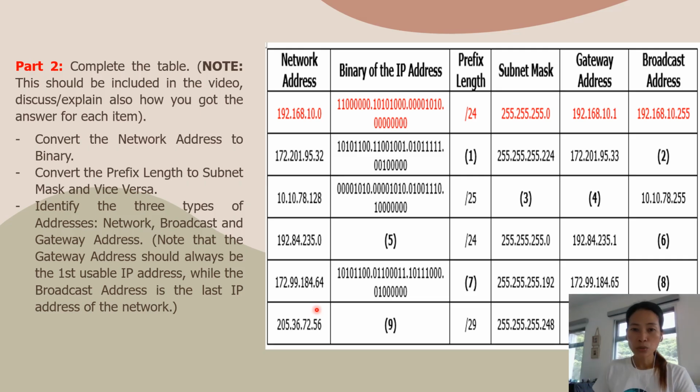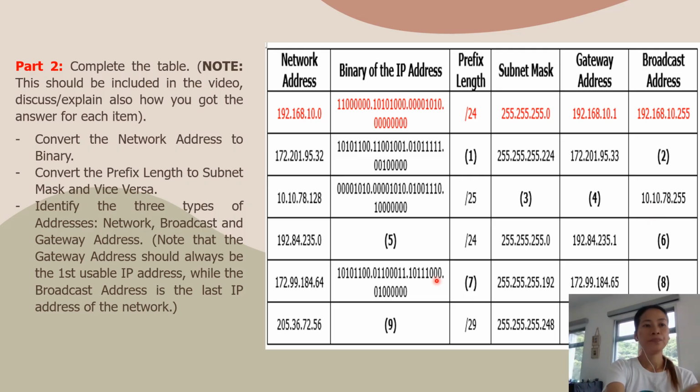So therefore, 235 is 11101011 in binary. And since this is 0, the last part would be 8 zeros. Okay? Next is the broadcast address. So number 6, my answer is 192.84.235.255, since this is 0. So this is 255. Okay?